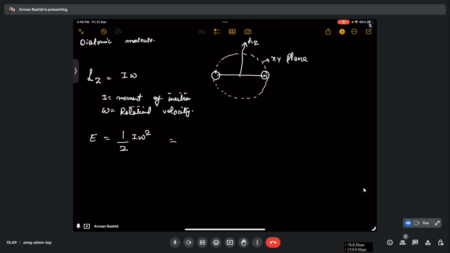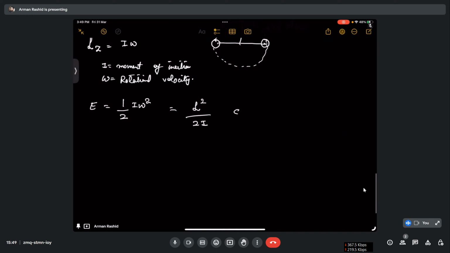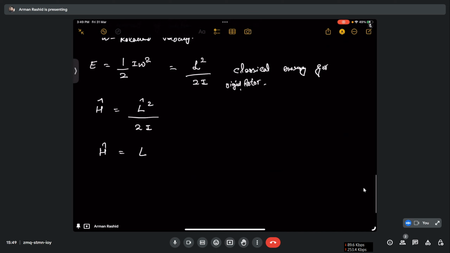That will be given by L square by 2 I. So this is the classical energy for a rigid rotor, right? Now it has this energy. In order to make a Hamiltonian, we just have to convert this, and then we solve the equation for this.